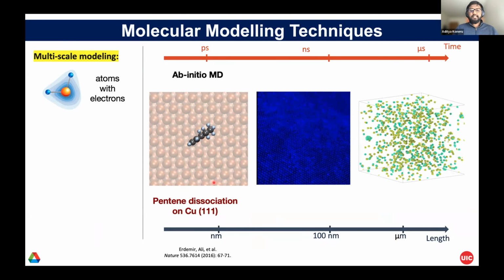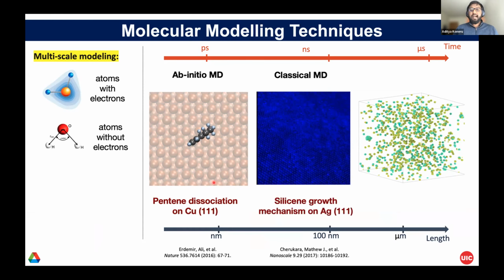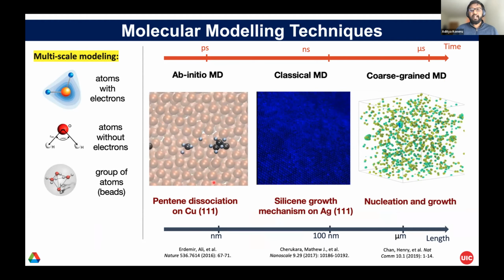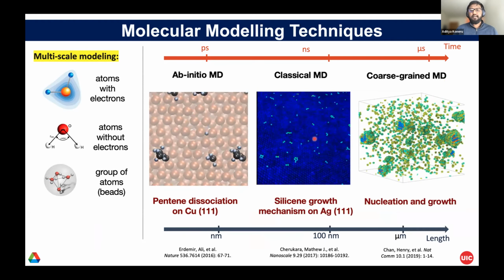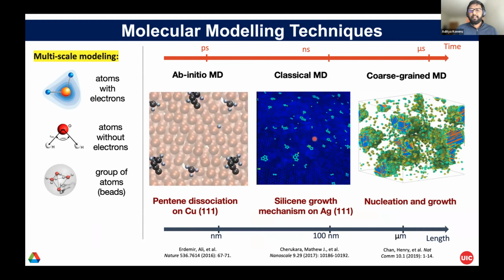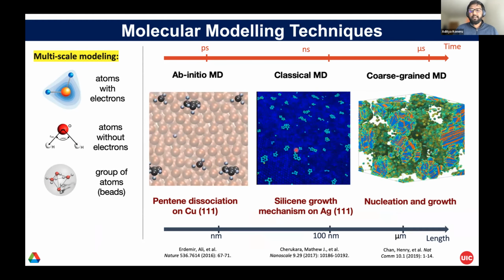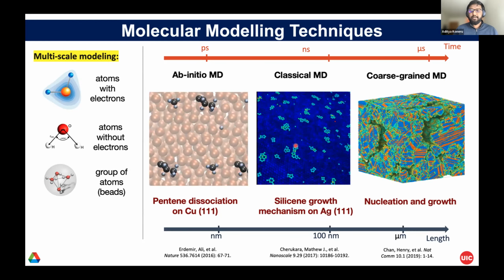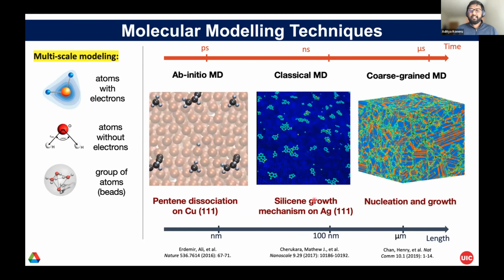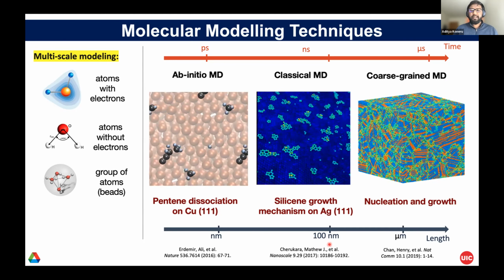So these are quite maybe up to a nanometer scale, and can handle picoseconds, looking at the computational efficiency. And then the classical MD simulations, which we have talked about until now, about the other applications. Like here we see the growth of silicene on silver substrate. These can be up to 100 nanometers.